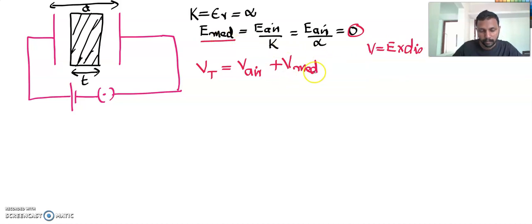Therefore, potential in medium will be electric field intensity in medium into distance, that means 0 into distance, so this term will become 0. Therefore, I could write total potential is equal to the potential of air. Potential of air will be electric field intensity in air into the distance where air is there. In this case, the distance where air is there is D minus T.